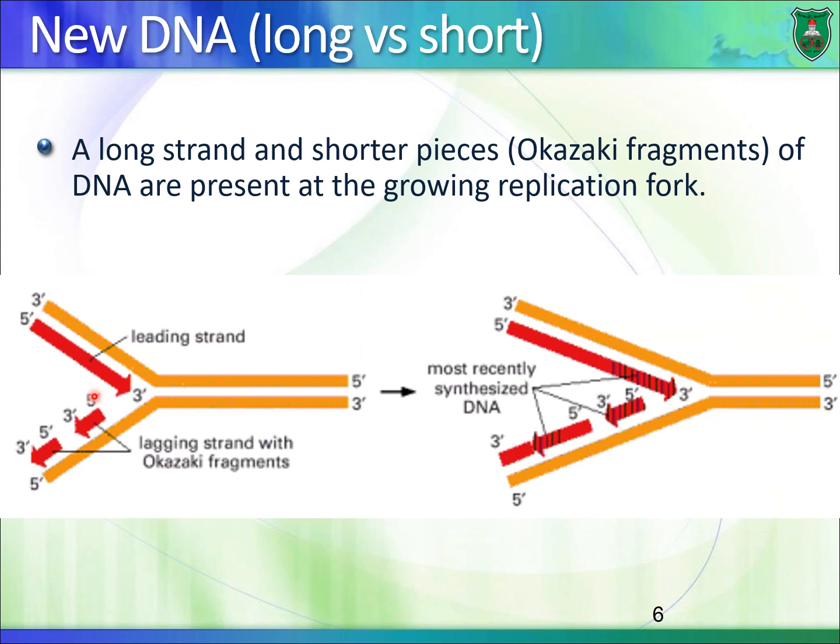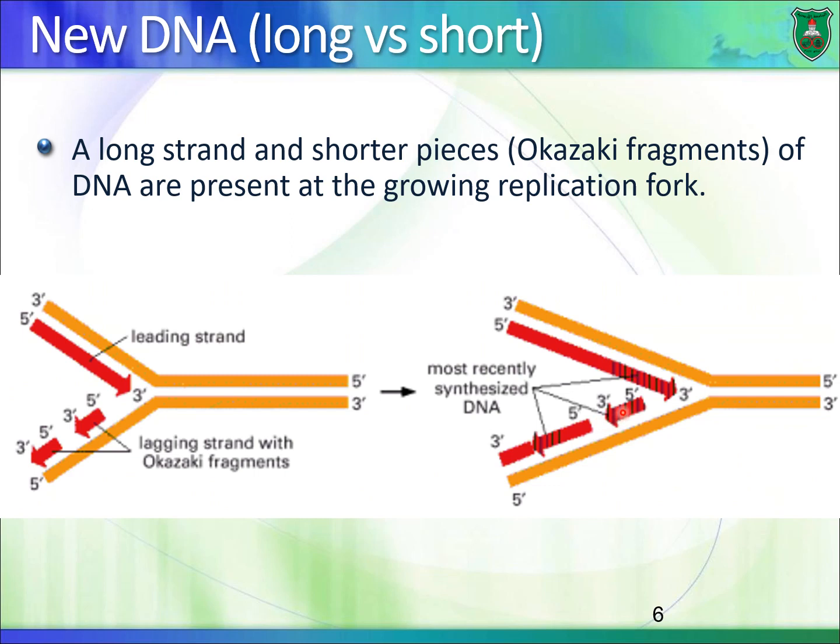So why is it known as the lagging strand? Because it is lagging behind, meaning that it is not finished until the other strand that is synthesized continuously is finished. And this strand is known as the leading strand because it's leading the way. As it is synthesized, it opens up the fork further, allowing a new short fragment to be synthesized.